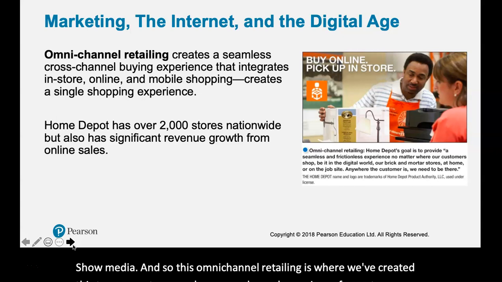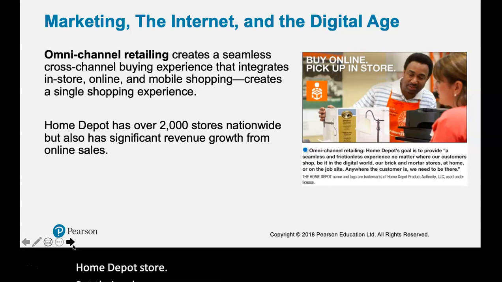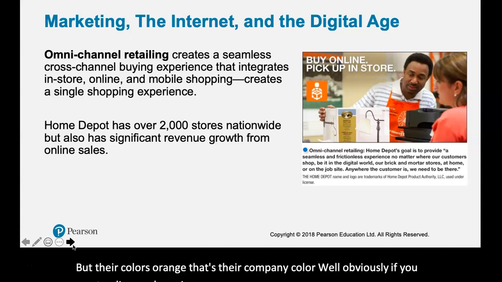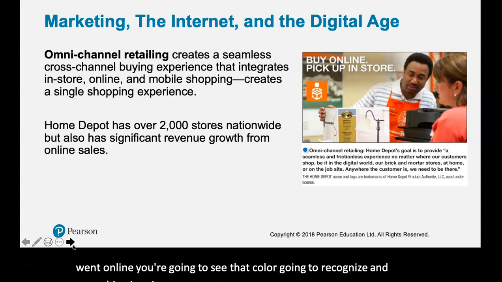Okay? And integrated marketing communications, as we talked about earlier, that's where the seamless part or the transparent part comes in. So if you went into a Home Depot store, their color is orange. That's their company color. Well, obviously, if you went online, you're going to see that color. You're going to recognize it. Everything's going to be very familiar. That's integrated marketing communications.